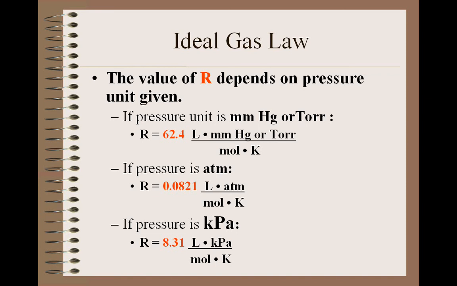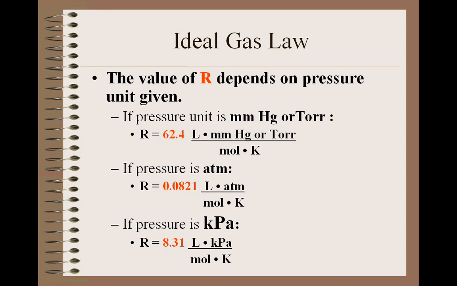So the value of R depends on the pressure unit given. If the pressure unit is millimeters of mercury or torr, R is 62.4 liters times millimeter of mercury or torr over moles times Kelvin.